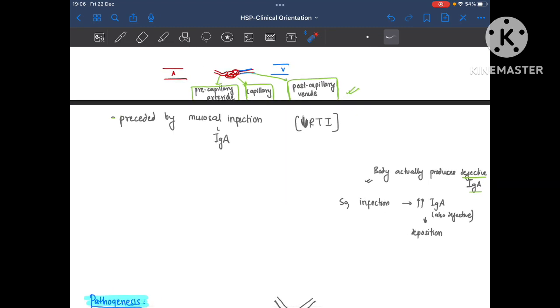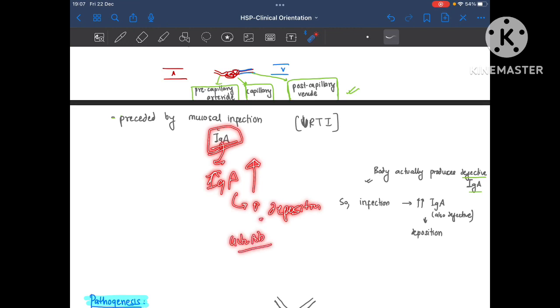And I have told you that not every mucosal infection causes Henoch purpura. Only in a predisposed person, when there is mucosal infection, it triggers Henoch purpura, right? Because there is increased IgA, and in a predisposed person there is already a defective IgA, so the defective IgA population will increase, and there will be increased deposition in combination with our autoantibody.